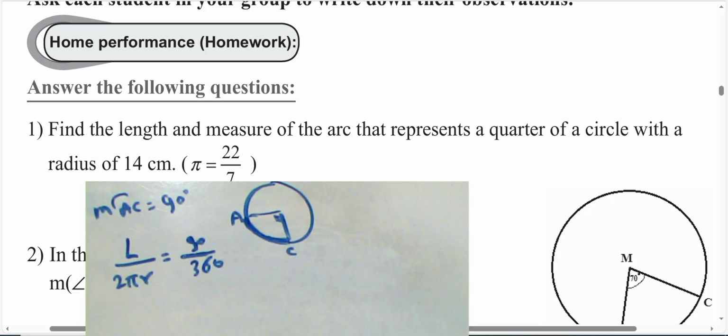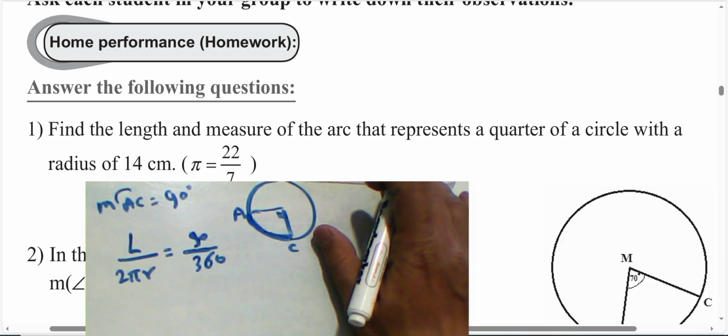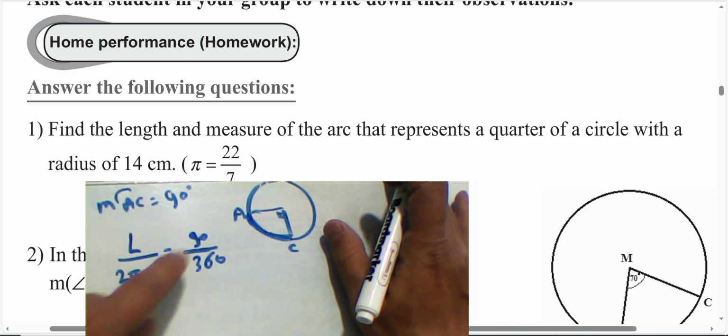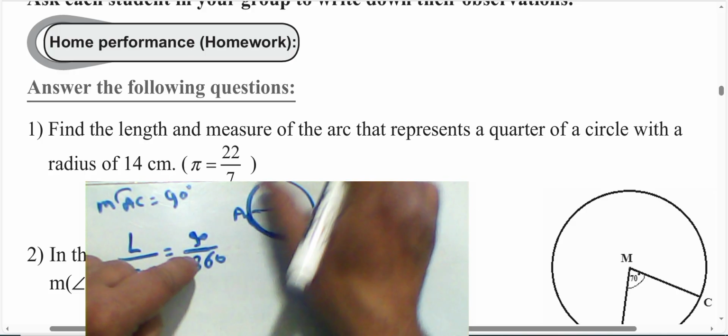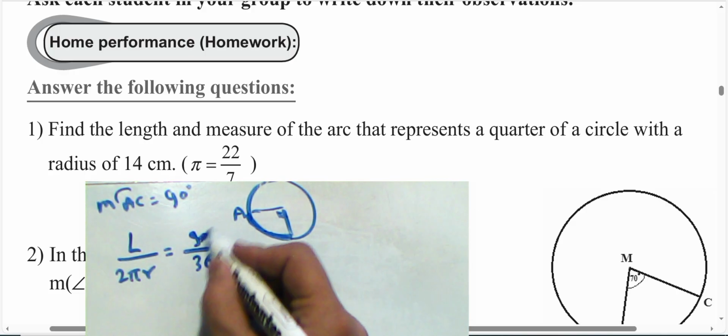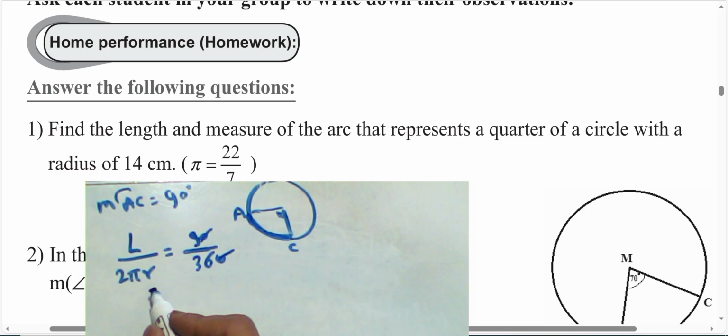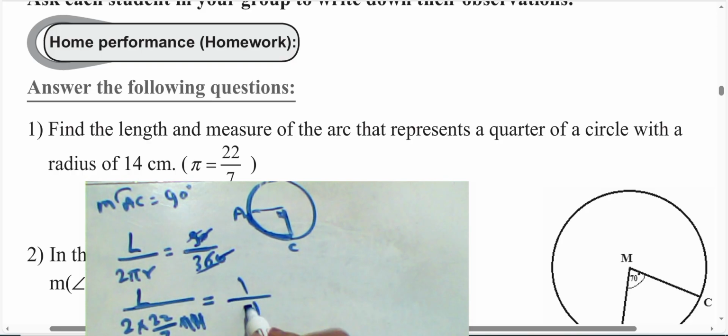We can find the length by finding the ratio: length divided by the circumference of the circle equals the measure of the arc divided by the measure of the circle. We can simplify, then we can write the length over 2 times 22 over 7 times 14, equal to 1 over 4.